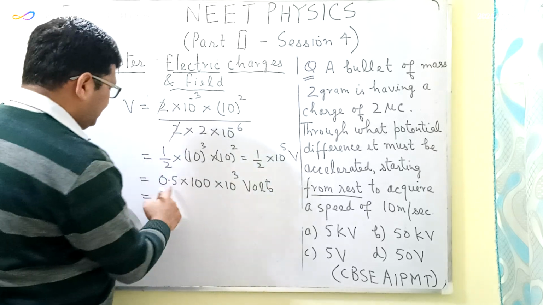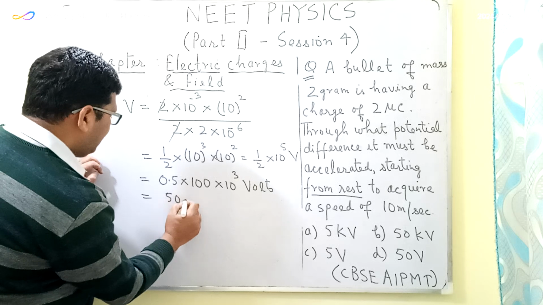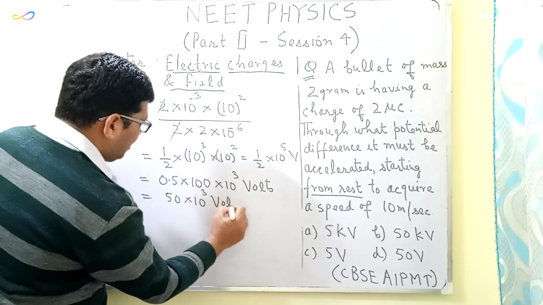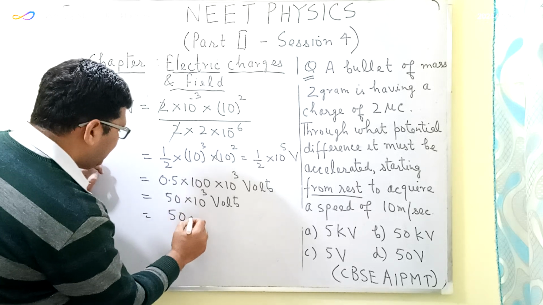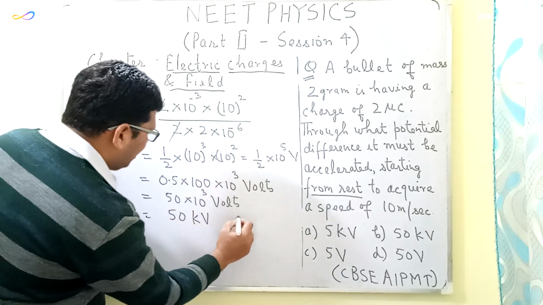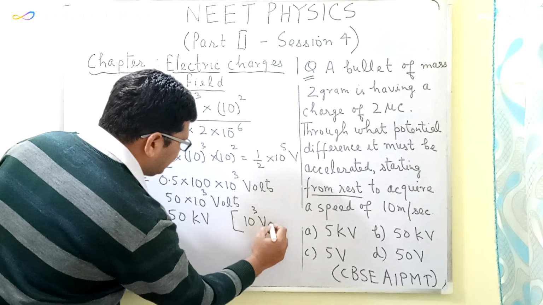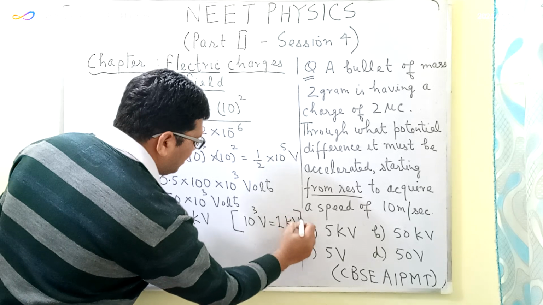Now this 0.5 into 100 will be equal to 50 into 10 to the power 3 volts, or we can say that this is equal to 50 kilovolt, because 10 to the power 3 volts is equal to 1 kilovolt.